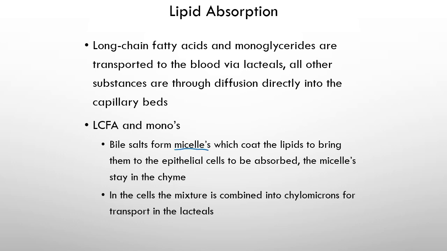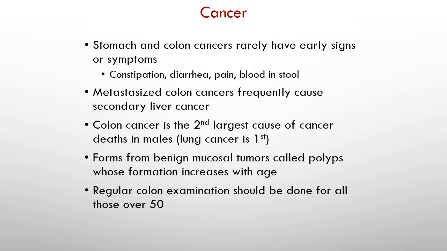They basically surround the lipids, the micelles themselves move up to the lining of the small intestines, and release their lipids into the cells. From there, those cells are going to form what we call chylomicrons, and those chylomicrons, as they went in through the absorptive cells, dump the chylomicrons into the lacteals, and we now have absorption.